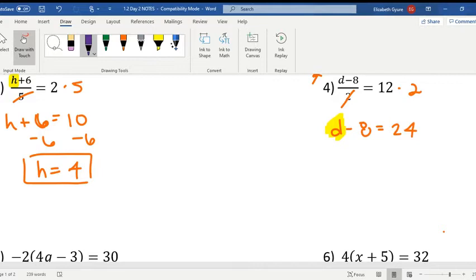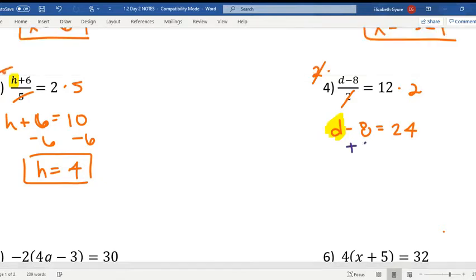How would you get rid of that -8? You could add 8 to both sides. Or move your 8 over and make it positive, however you prefer to think about it. Yeah, and d would equal 32. Good. Are we okay? People at home, are we okay with that?